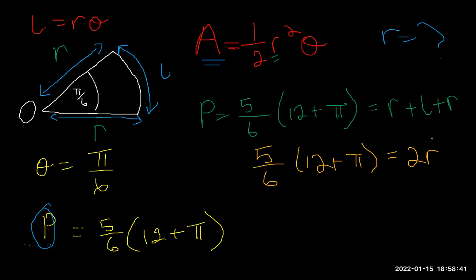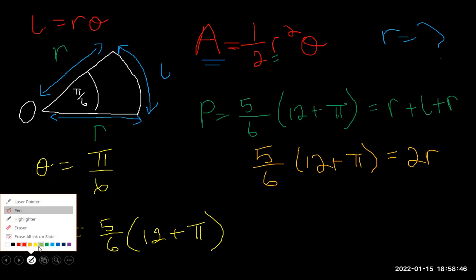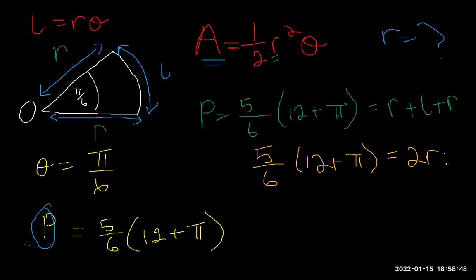So instead of putting 2r plus L in this case, I can replace the L with r theta, giving 2r plus r theta. Follow so far? Yes, miss, you replace it. Okay, I like that.